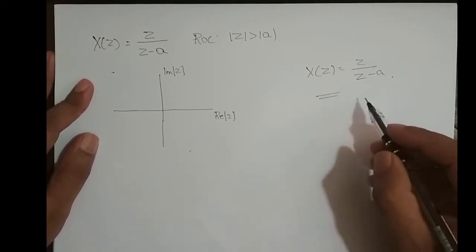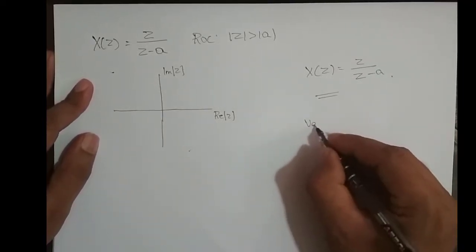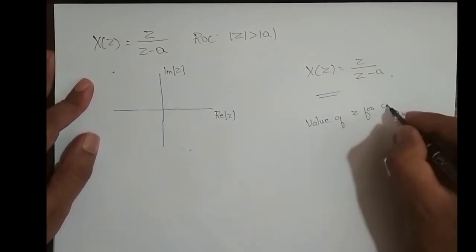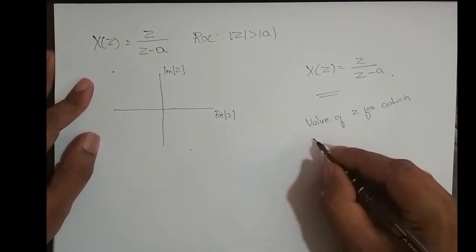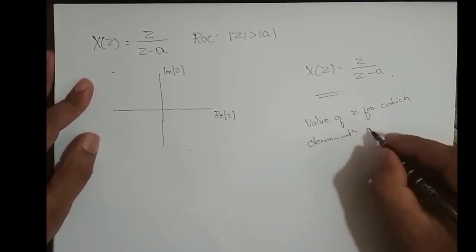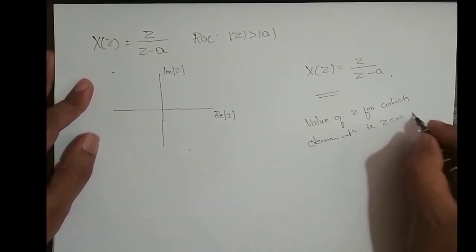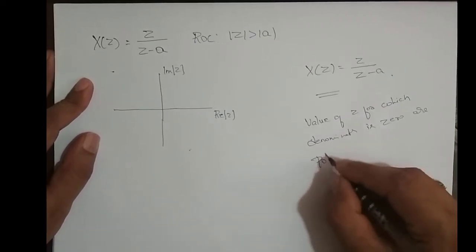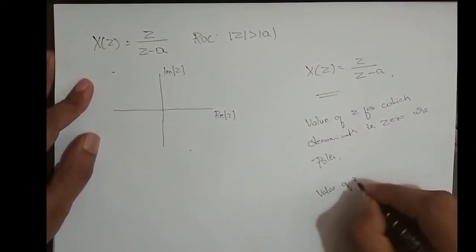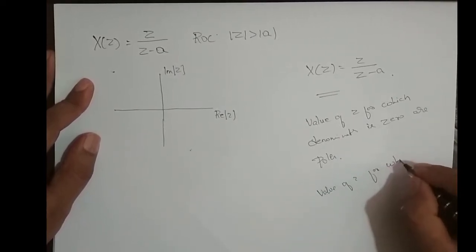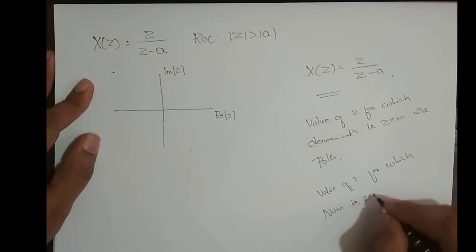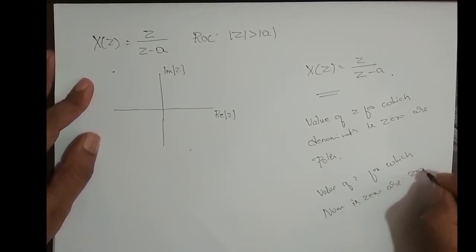How do we define a pole? The poles are the values of z for which the denominator is 0, and zeros are the values of z for which the numerator is 0.